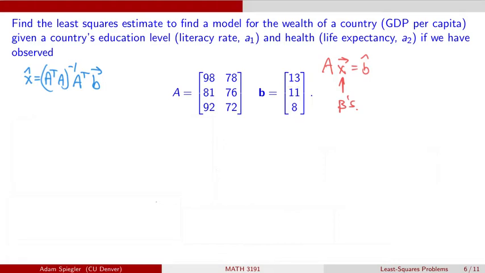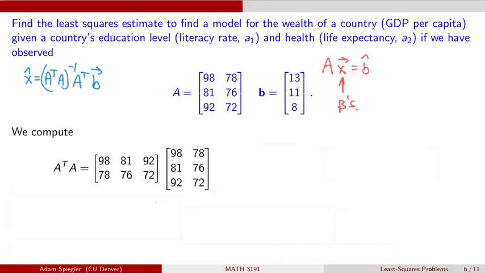So there's a link to a Google Colab notebook in the description of this video where all of the calculations on this slide are done. I don't want to get bogged down in the calculations, but I do want to make sure the process for how we use this equation that we have up top to find the solution makes sense. So we first will compute the matrix A transpose A just to make sure that this is invertible.